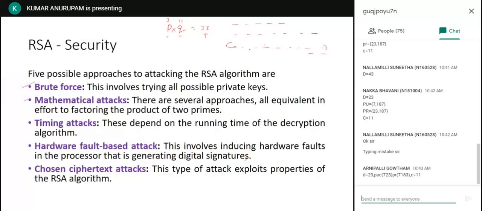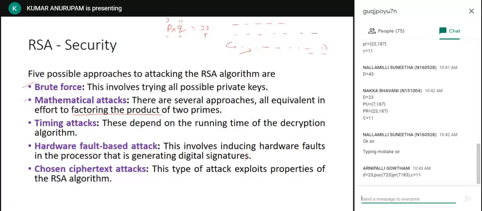So what people are doing is they are trying to find a way by which we can factor the product of two prime numbers. So this is mathematical related attack where the people try to factor the product of the prime. So this is the second type of cryptanalysis which could be done.